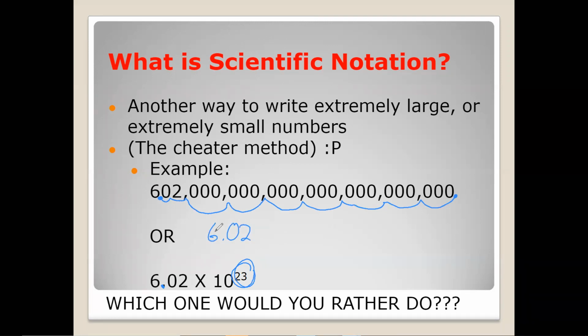But 6.02 by itself is not the same thing as this number. So to make sure that you know you're talking about the same number, you have to multiply 6.02 by 10 to the power of something. Since we moved that decimal place over 23 spaces, your exponent becomes 23. So that becomes very easy to write big, big numbers in scientific notation so that you don't have to keep track of all of these zeros.